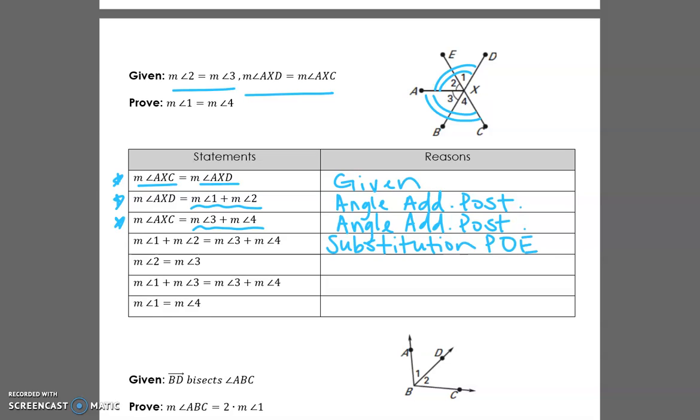Okay, next they make the statement that the measure of angle 1 is equal to the measure of angle 3. That's our next given. So now we've stated both. Okay, so everywhere that I see the measure of angle 2, I could replace it with the measure of angle 3. So right here, you're going to see me utilize substitution property.